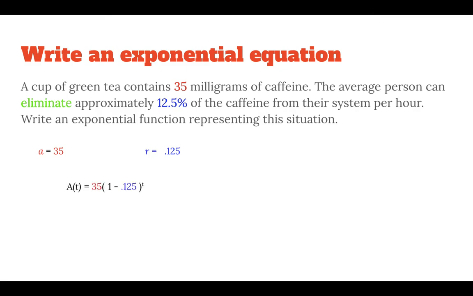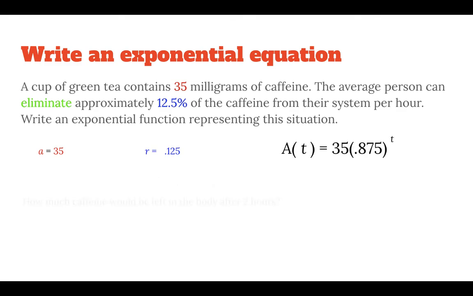I plug that information into the decay factor formula. I see that I can simplify 1 minus 0.125 and turn that into 0.875. That is my exponential function that represents this situation: A of t equals 35 times 0.875 to the t power.